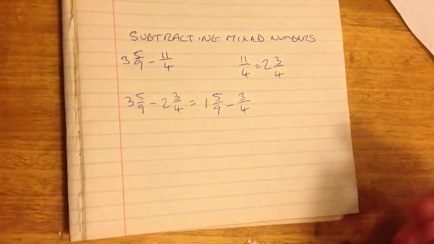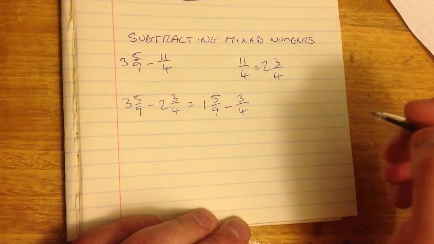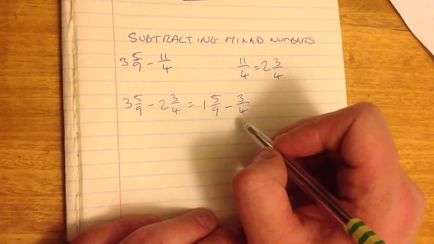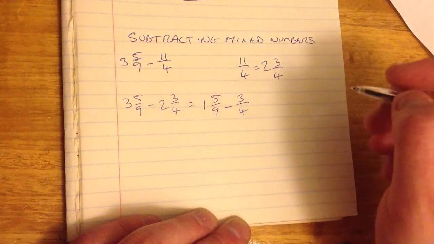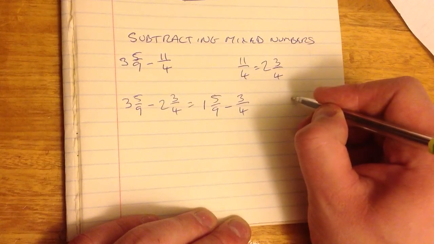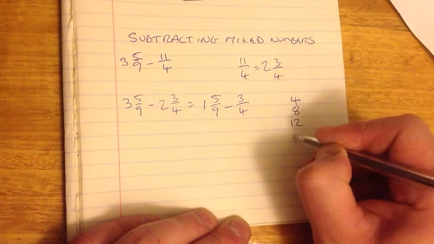Okay, let's see what we can do with this. I'm going to find a common denominator, and our common denominator is going to have to be 36. Just list out our multiples of 4.